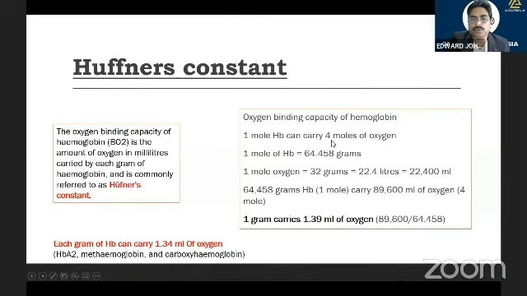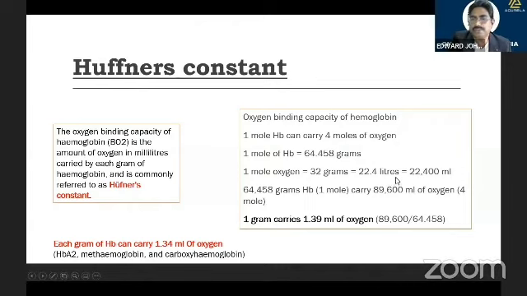So 1 mole of hemoglobin is 64 grams molecular weight. One mole of oxygen, that is 32 grams molecular weight, occupies 22.4 liters of volume according to Avogadro's hypothesis. Each mole of any gas occupies 22.4 liters of space.